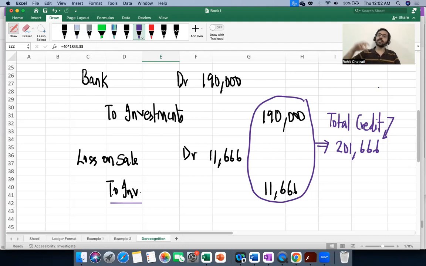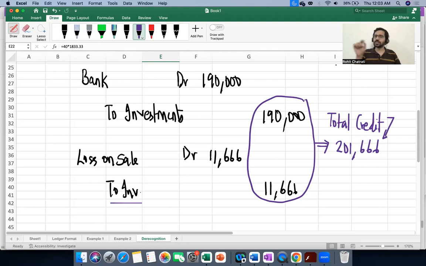The total credits that you have is 2,01,666. There is a gap between your debit and credit, and that gap is nothing but by balance carried down to the next period, because you still have 40 shares left. That will be a balancing figure which will be equal to 73,333, which is what we calculated above as well.